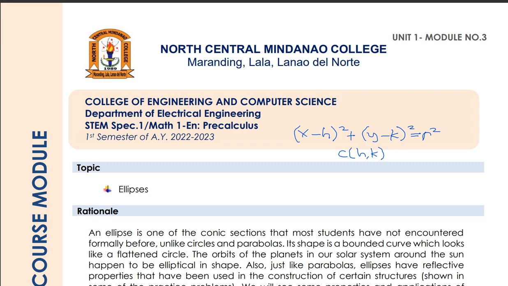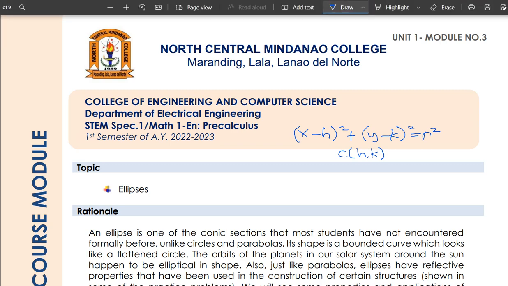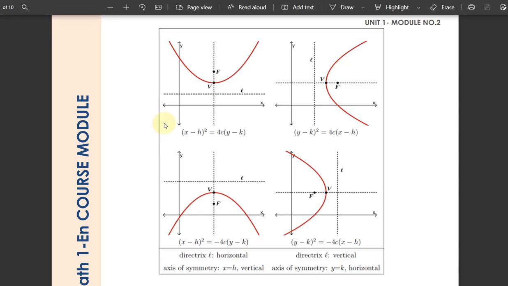For parabola, there are four general formulas. If the parabola is facing upward, the general formula is x minus h squared is equal to 4c times y minus k. Again, h and k here are the coordinates of your vertex, not the center, in the parabola.